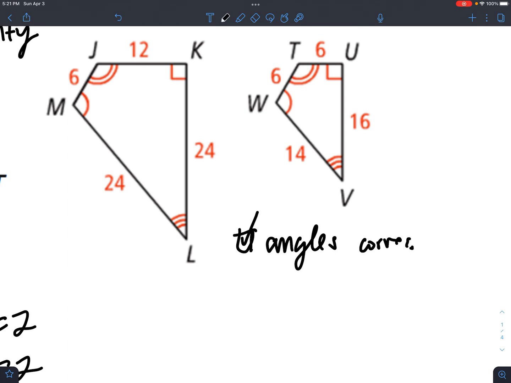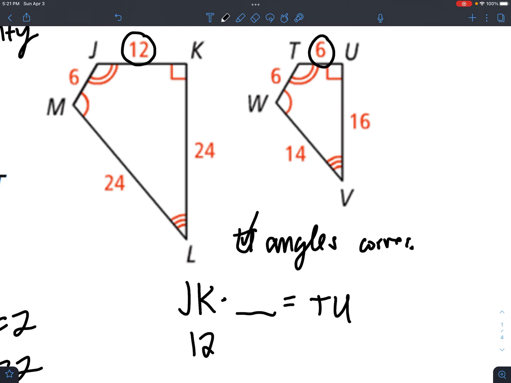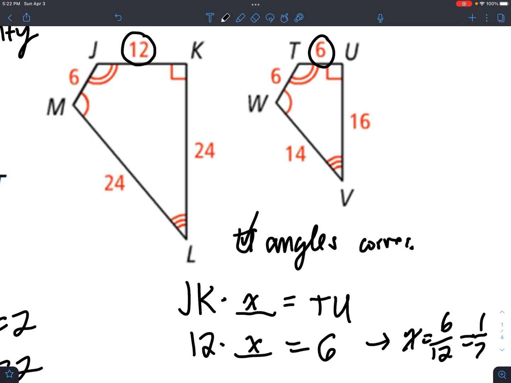But maybe we aren't so convinced about the whole side thing. So if you go from JK, multiply it times something to get to TU, that would be 12 times something is 6. And we know that we're talking about a scale factor here. So x has to be 6 over 12, which is a half.